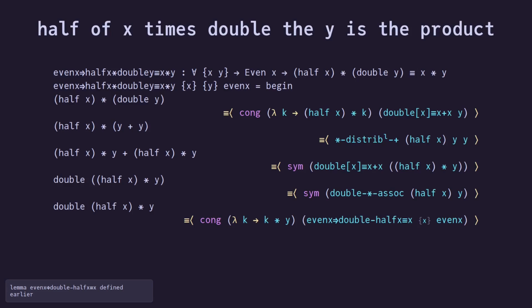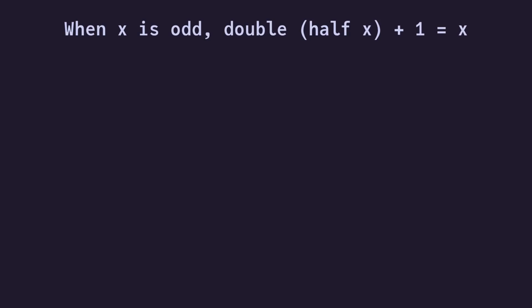That lemma needed the proof that x is even. In this case, we already have that witness that x is even in the form of even x. So we'll pass that to get x into y. That concludes our proof.